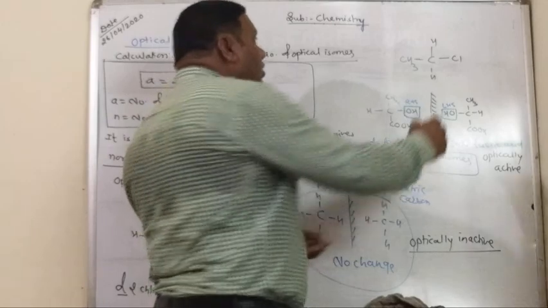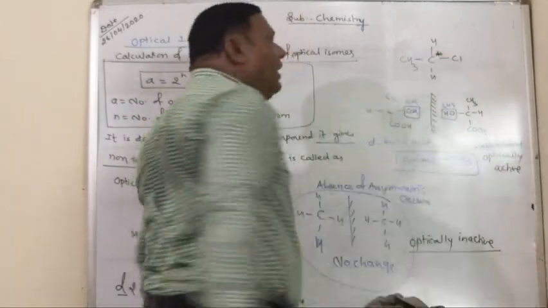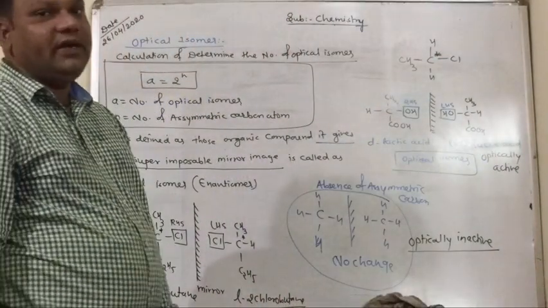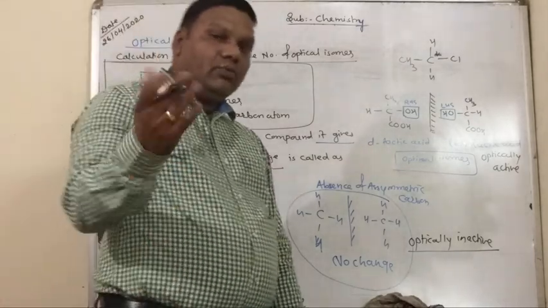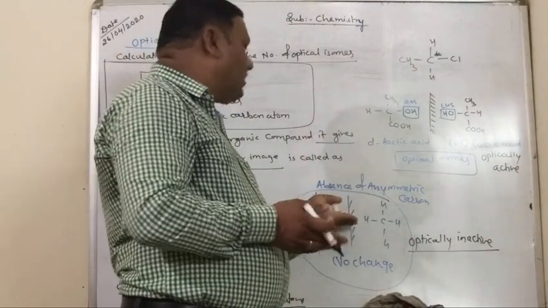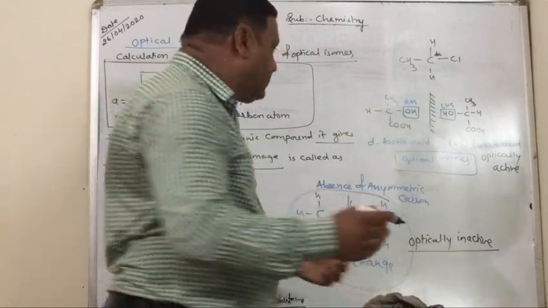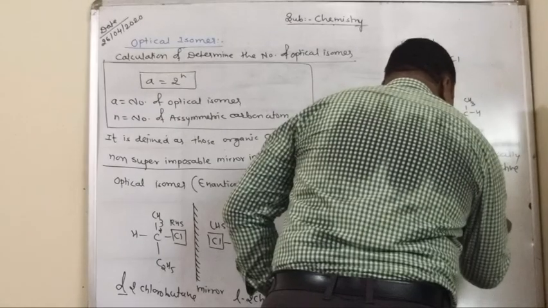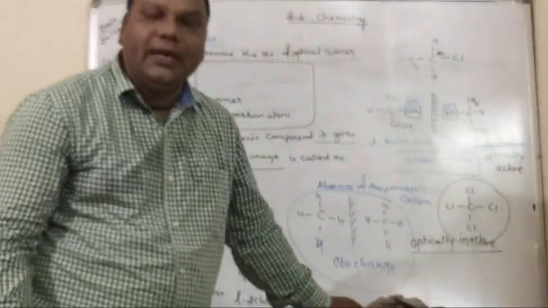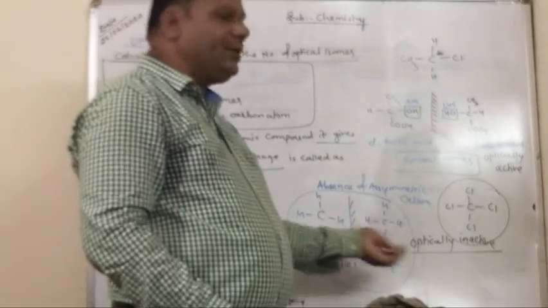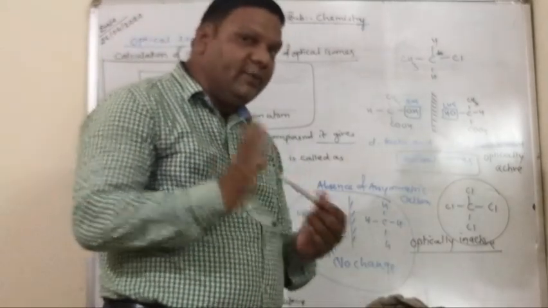This is also an asymmetric carbon atom. But if all are similar, just like methane or carbon tetrachloride, it is optically inactive because of the absence of asymmetric carbon atoms. Any difficulty?